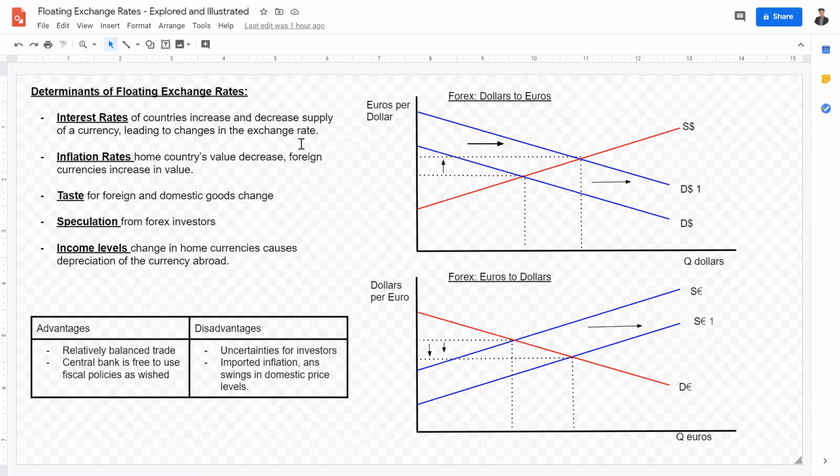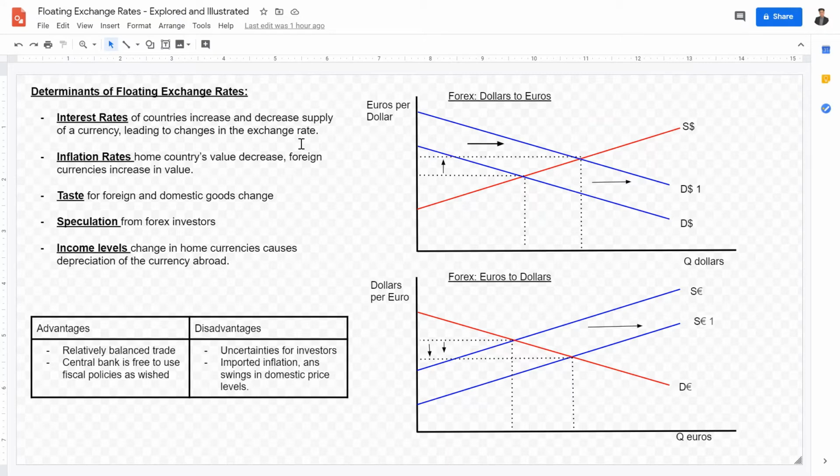However, inflation may also affect the forex market when the home country's currency value decreases and foreign currencies increase in value. So if inflation is high, then your country's currency value decreases a lot, and foreign currencies increase in value in the forex market.